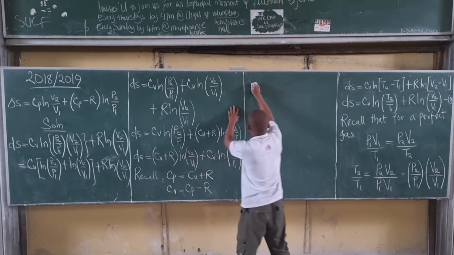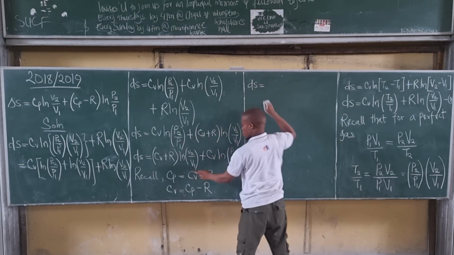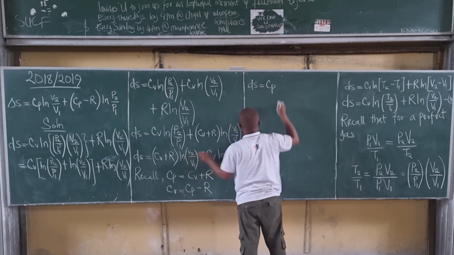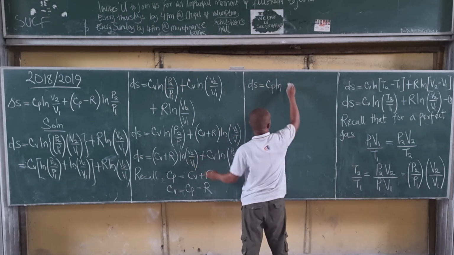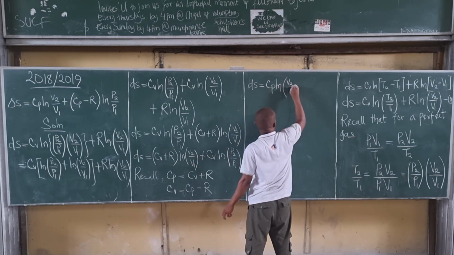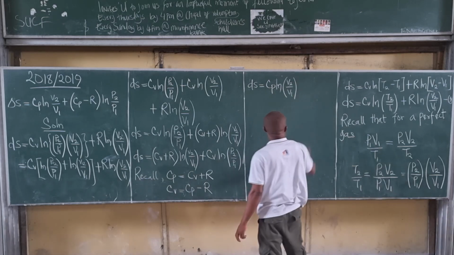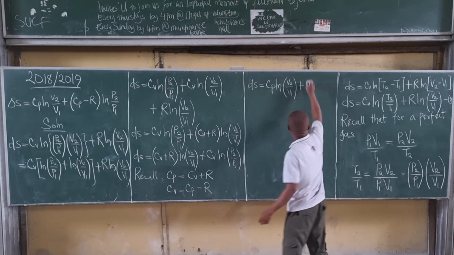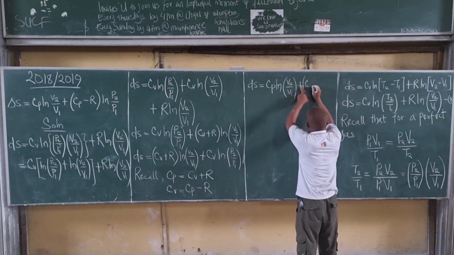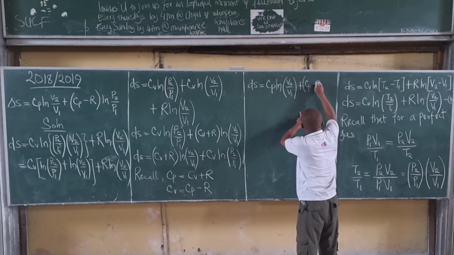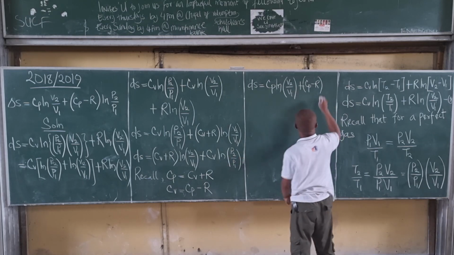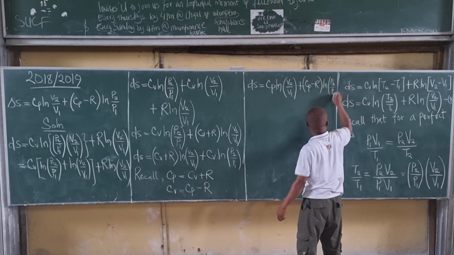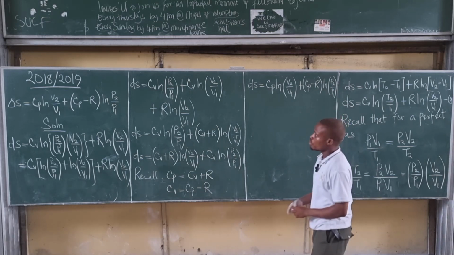Therefore delta S equals Cv plus R, which is Cp, ln V2 over V1, plus Cv, which is given as Cp minus R, ln P2 over P1, right?